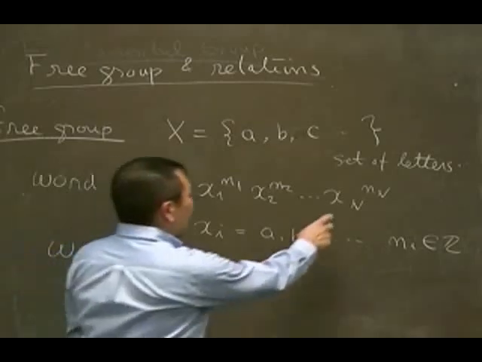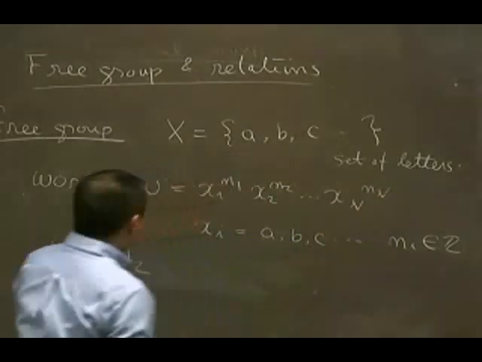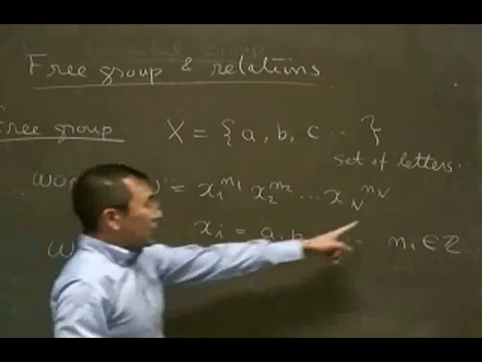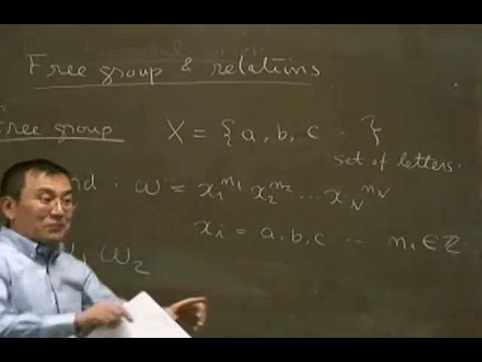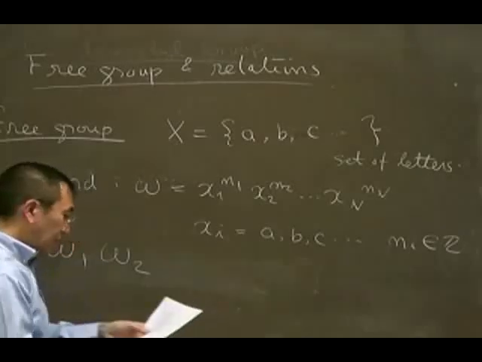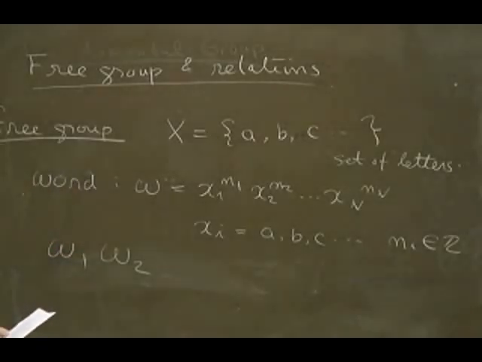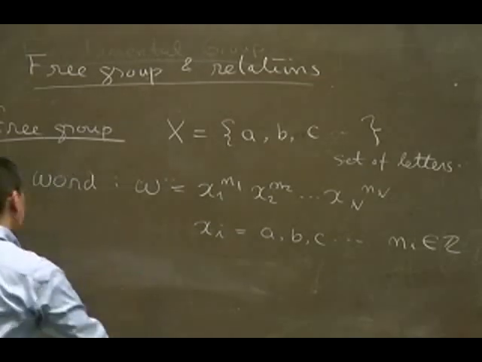That is, if the last letter of the first word is the same as the first letter of the second word, then you have to do the reduction, etc. By doing that, this becomes a group where the identity is the empty word.